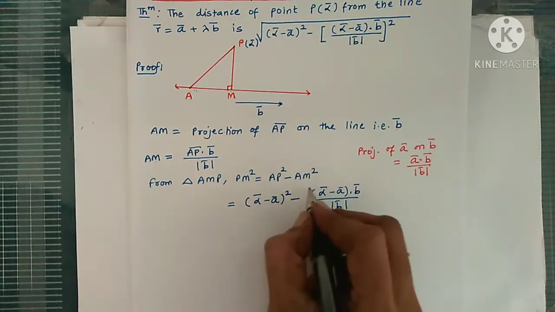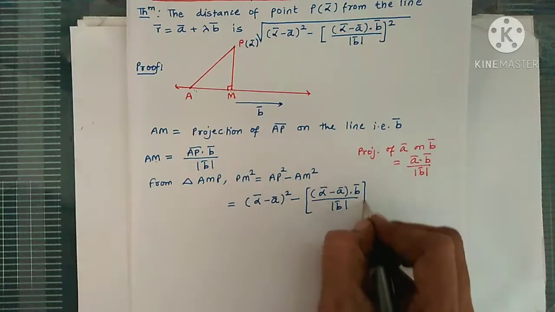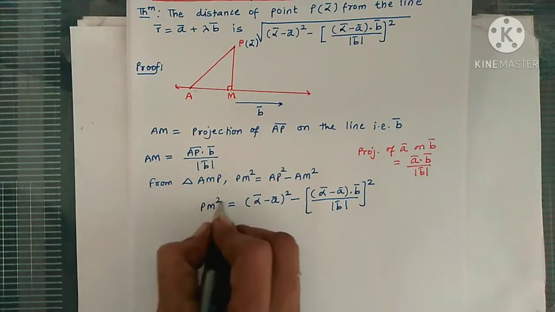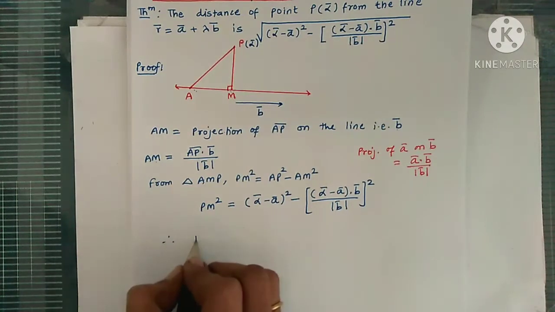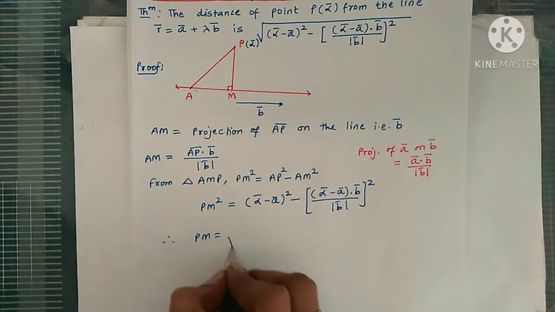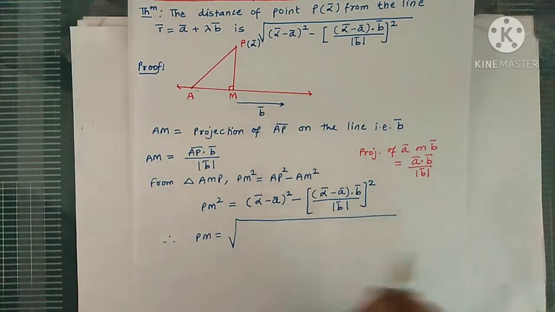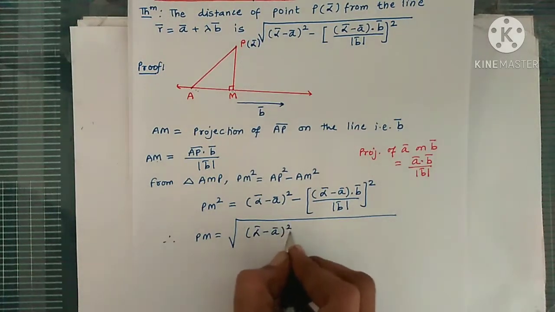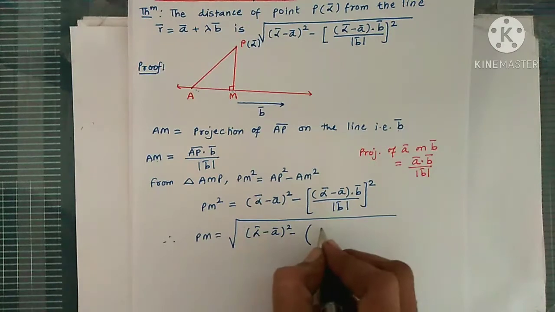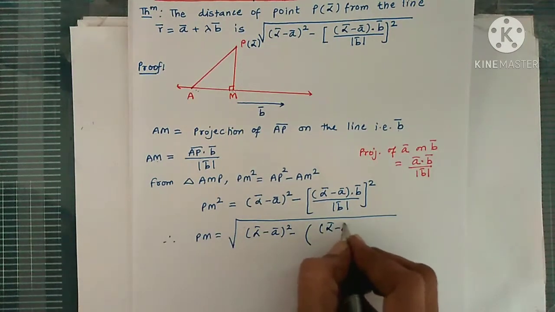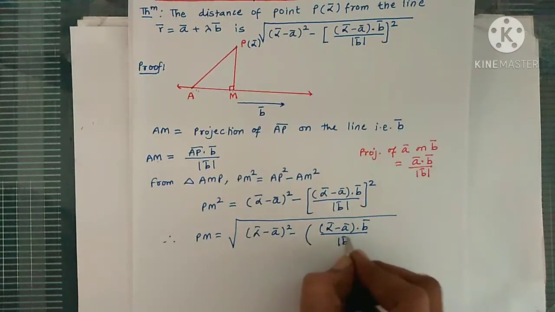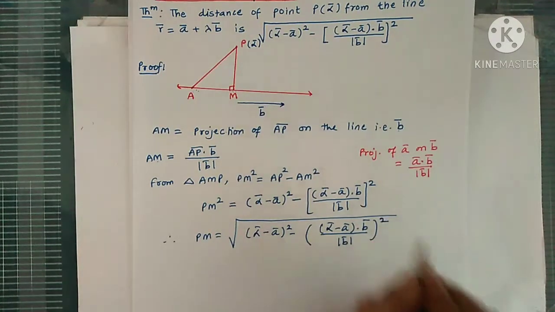This is AM, but here we have AM square, so bracket square. So this is PM square. Therefore PM equals, taking square root of both sides, the square root of alpha bar minus A bar square minus alpha bar minus A bar dot B bar upon modulus of B bar, square.